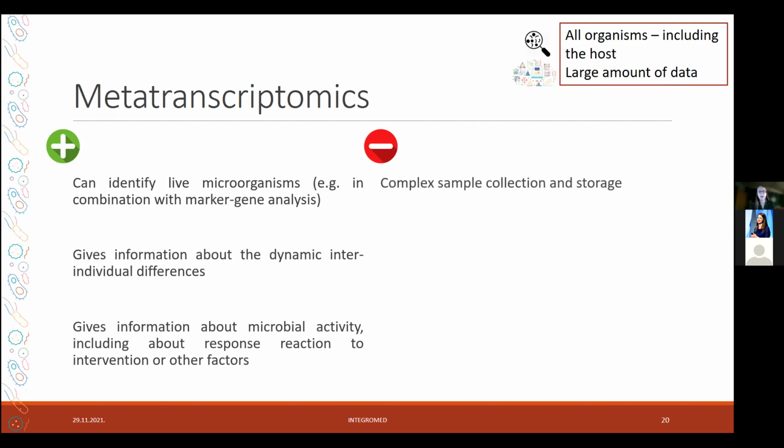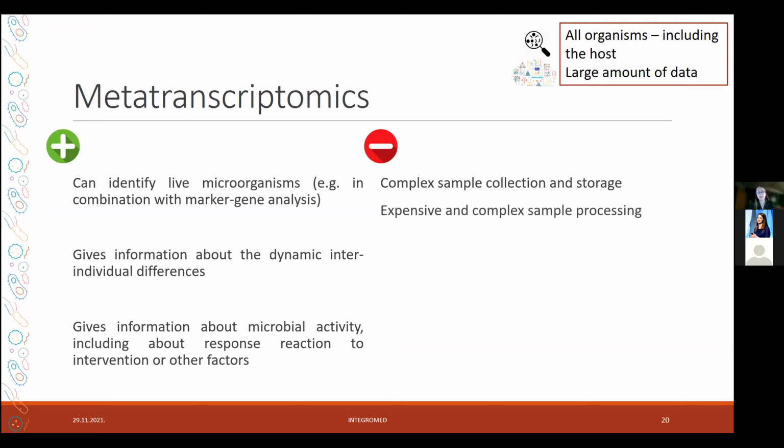It is quite a complex method, especially when we talk about sample collection and storage, because we know that RNA is less stable than DNA. Therefore, starting from sample collection, we either need to use some specific preservatives or temperatures and so on, so we don't lose and degrade the RNA that is in the samples.